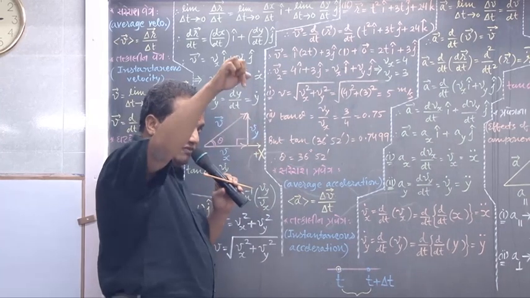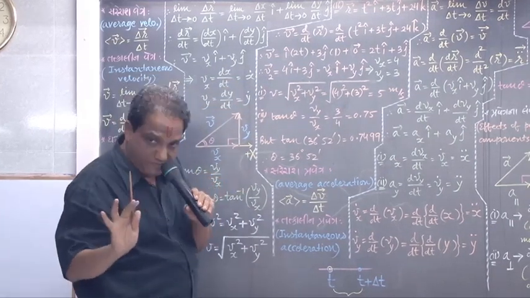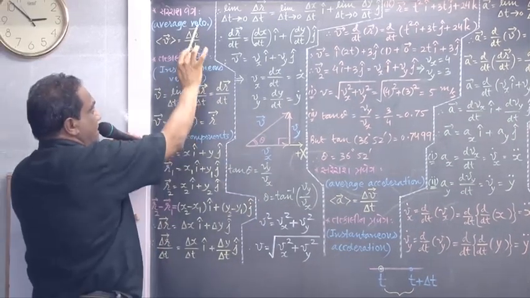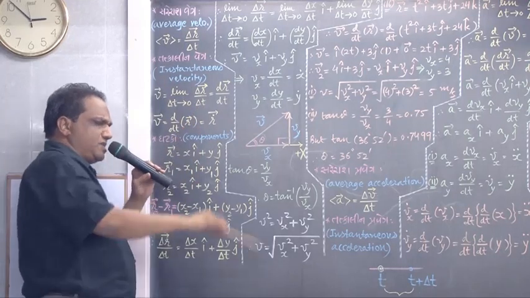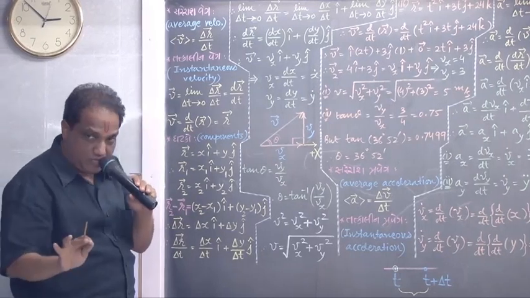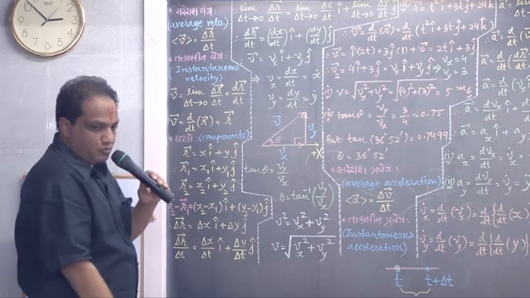And because you are finding velocity at a particular instant, we call it instantaneous velocity. Remember, instantaneous velocity is average velocity only, but now this time interval is to be taken extremely small, differentially small. Mathematically, limit delta t tends to 0.